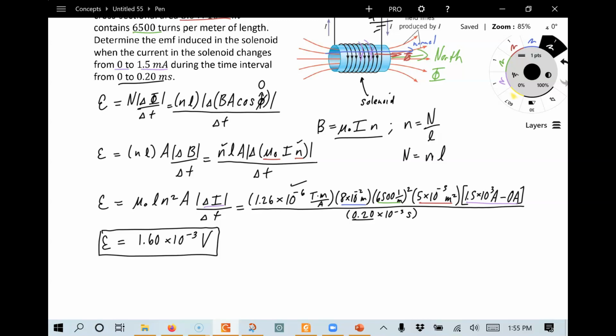Just one last thing to point out. This is just a geometric property of the solenoid, but in general, we can always write the EMF for any object like this. We call it an inductor. Typically it's a solenoid. We can write this EMF, where L takes the place of all those units.